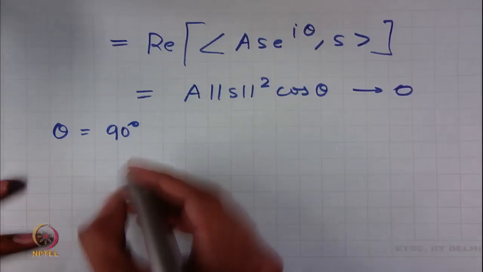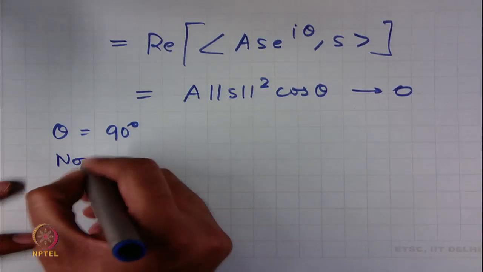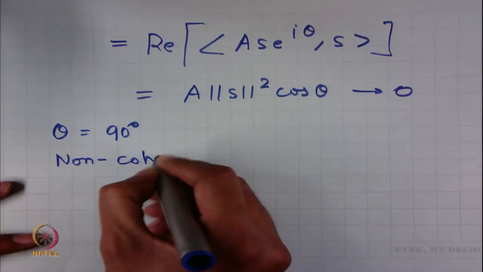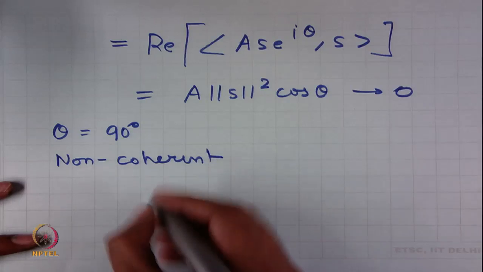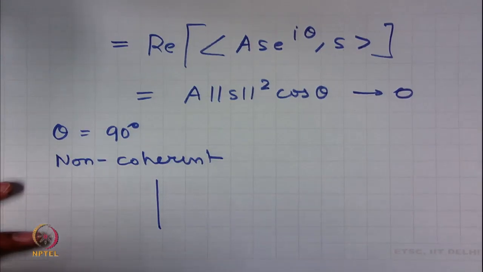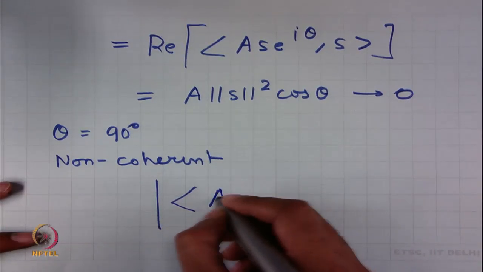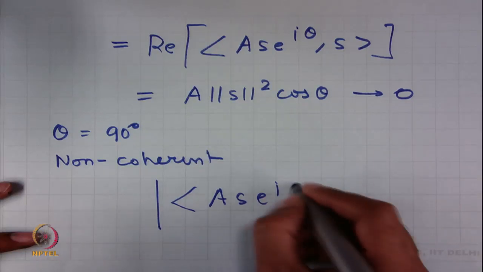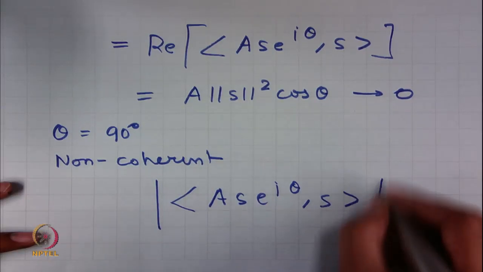So, when you are having a non-coherent receiver, it is not a good idea to take the real part of these complex baseband signals. Instead, in non-coherent receivers, what we should do, and that is important, is take the magnitude of this inner product.